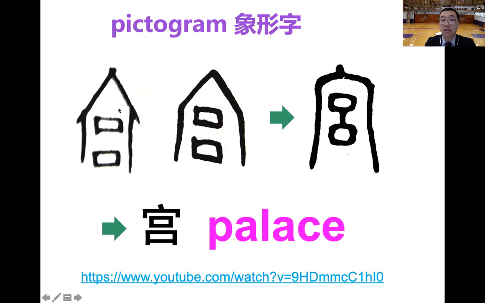Look, it looks like a big house. This is palace. And also I have attached this YouTube with some other quite interesting information about the pictograms.